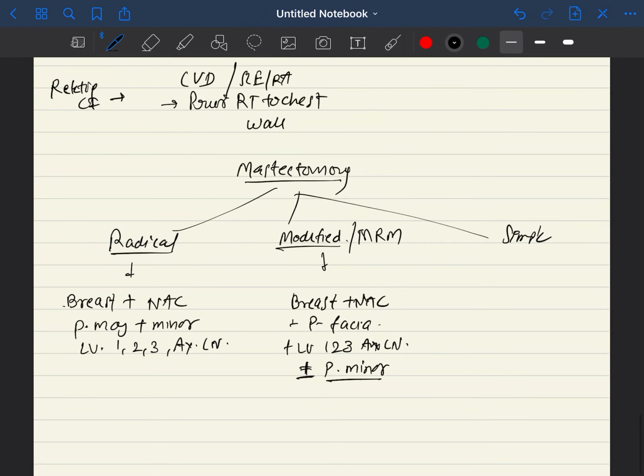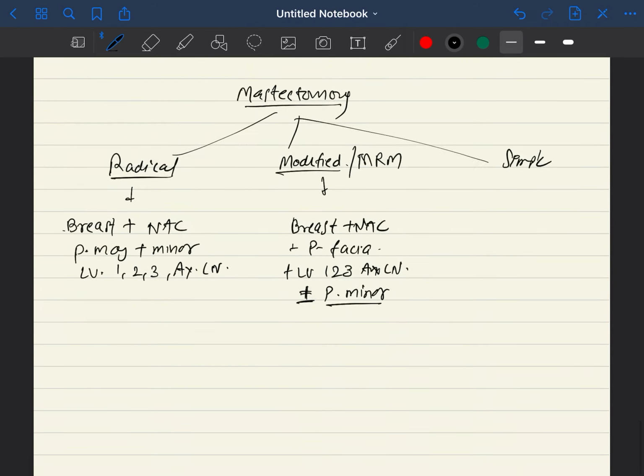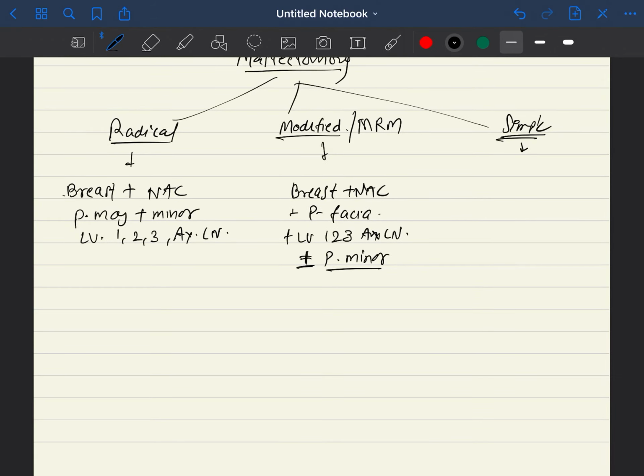All right, third one is the simple one. We remove breast, nipple areola complex, pectoralis fascia, right, but lymph nodes are not removed.